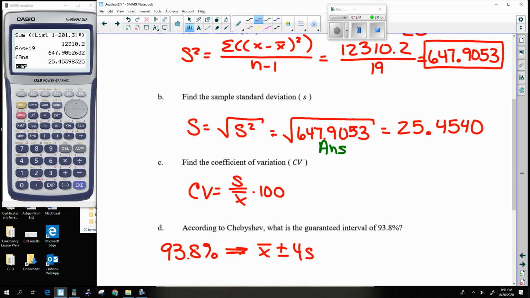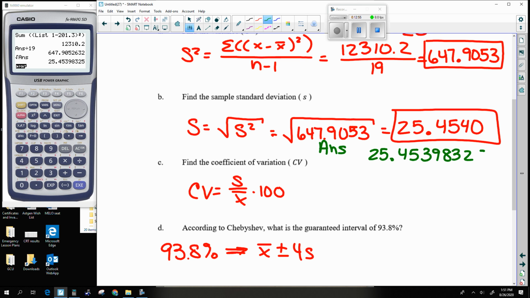That's where a little bit of the rounding is weird to that fourth decimal. I'll type this out, and so 25.45398. Again, we round to the fourth decimal, so the fourth decimal is that 9 right there.